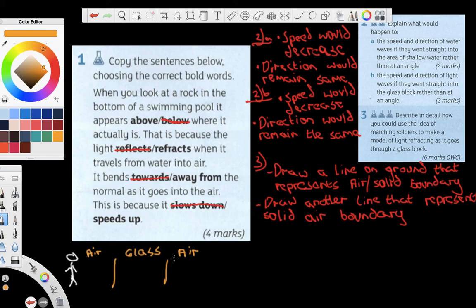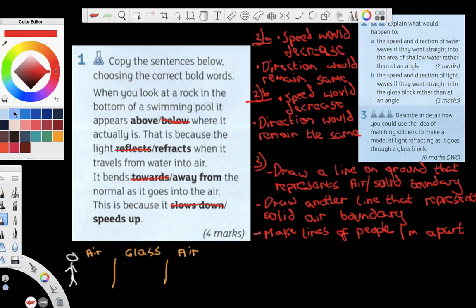You would make lines of people a meter apart. Oh, I need to turn back to red, don't I? So, make lines of people 1 meter apart. And as they march towards the line, they need to be at an angle.